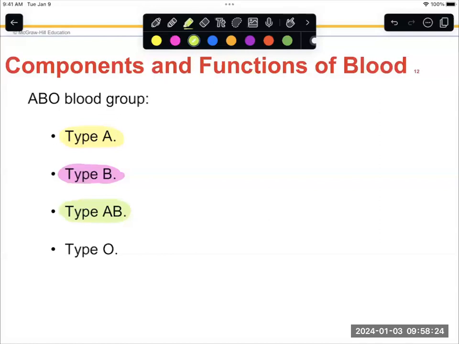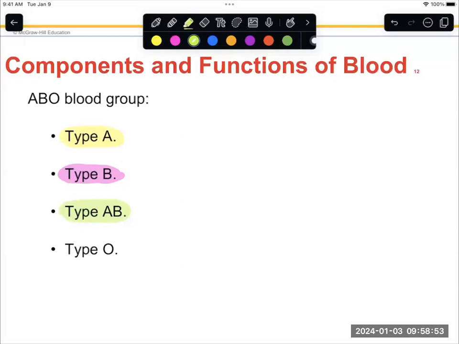because somebody who has type A antigens will have anti-B antibodies. Antibodies are proteins that'll go out and attack cells that fit in its little receptor on that antibody. As long as that receptor fits, that antibody is going to attack that cell.